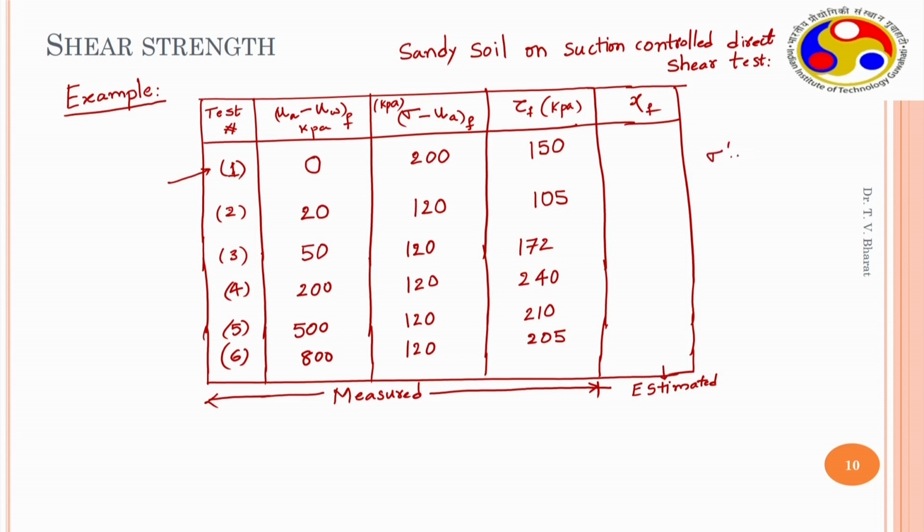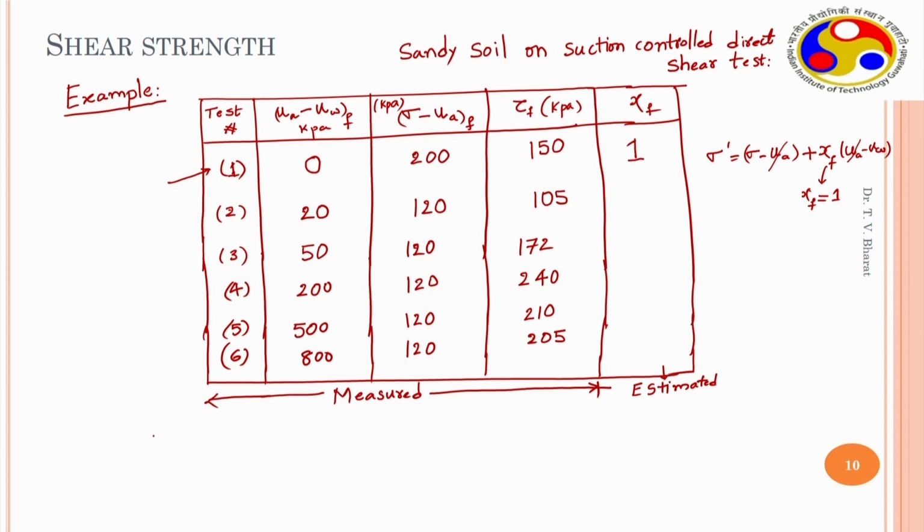the sigma dash equals the Bishop's effective stress principle, sigma minus UA plus Xi f times UA minus UW. In this, if Xi f becomes 0, this is a completely dry soil, and if Xi f equals 1, that means these two get cancelled and this is sigma minus UW. This is the effective stress principle for completely saturated soils. So, therefore, Xi f needs to be 1, and this particular condition UA minus UW equals 0 should not be substituted in the previous equation.